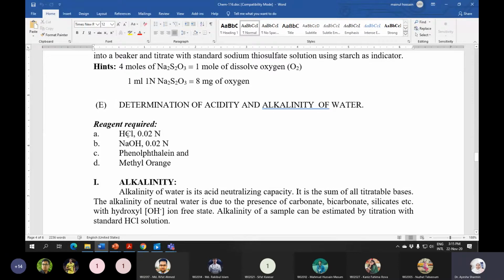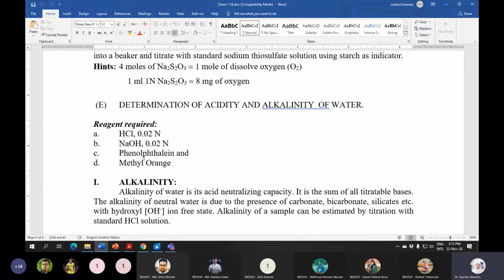If you're using a strong acid, you have to choose something that will give a color change below pH 3.5 or something like that. So you choose methyl orange when you are using hydrochloric acid. When you are using sodium hydroxide, you have to choose the indicator which will change color at high pH above 10. And we know that above 10 the phenolphthalein becomes pink.